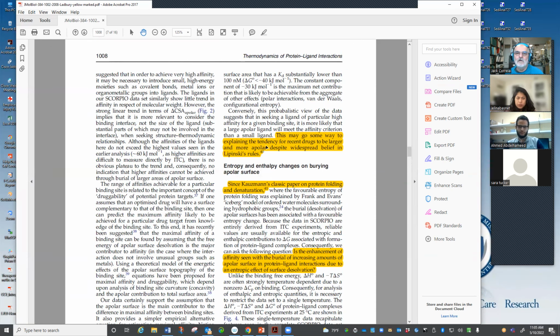But they mention here in this discussion that the recent trend is that you make larger and more apolar drugs than predicted by Lipinski's rules.